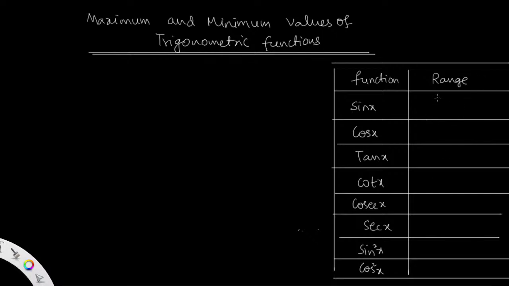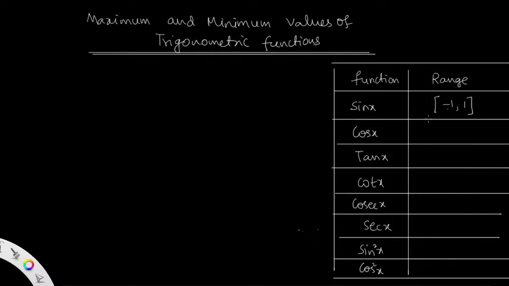What is the range of the values? All values lying on the y-axis are the range values, the x-axis values are the domain values. So for the sin x graph, the maximum value is 1 and the minimum value is -1.